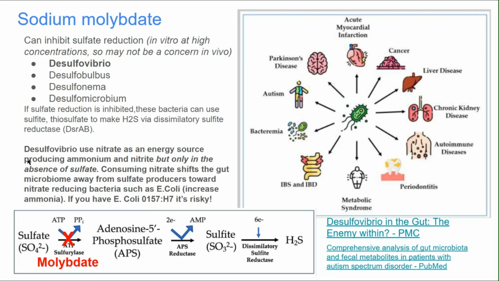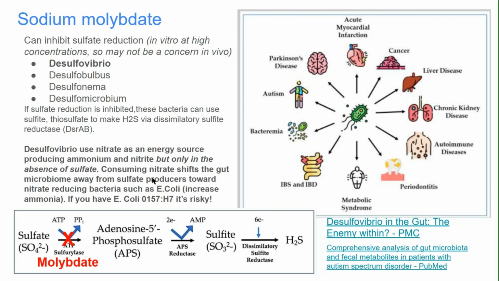The other thing to know is that these bacteria use nitrate as an energy source, and they produce ammonium and nitrite, but only in the absence of sulfate. So if you do have this bacteria in the gut, having a very low sulfate diet could actually switch your Desulfovibrio bacteria into a nitrate metabolizing phenotype, and then that would increase ammonia production.